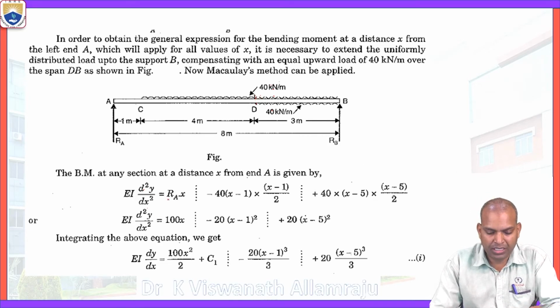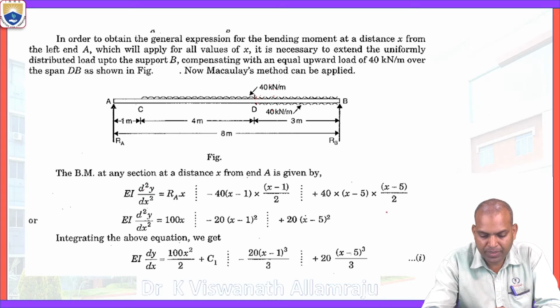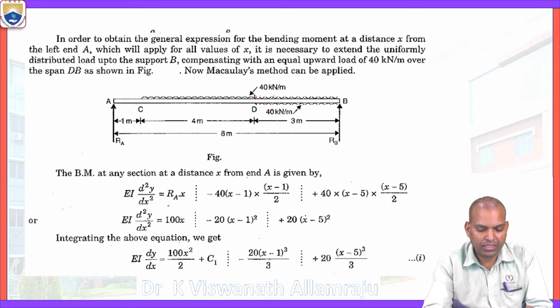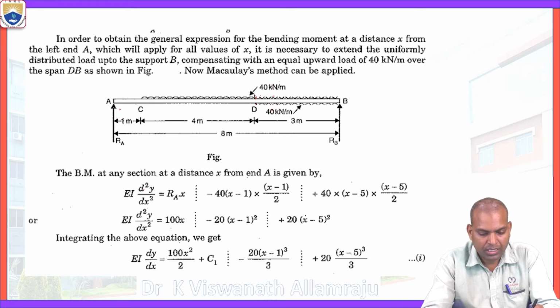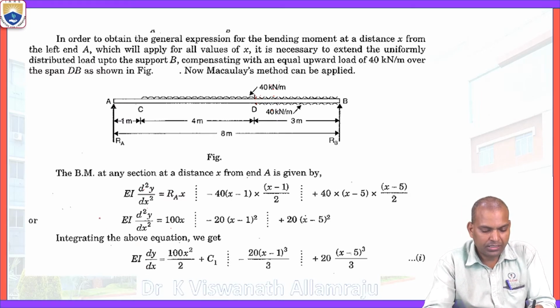For that equation, RA into x, that is 100 times x, minus negative 40 times x minus 1 into x minus 1 by 2, plus 40 times x minus 5 into x minus 5 by 2. Simplifying, substitute RA, that is 100 times x, and 40 times x minus 1, for any distance x minus 1.